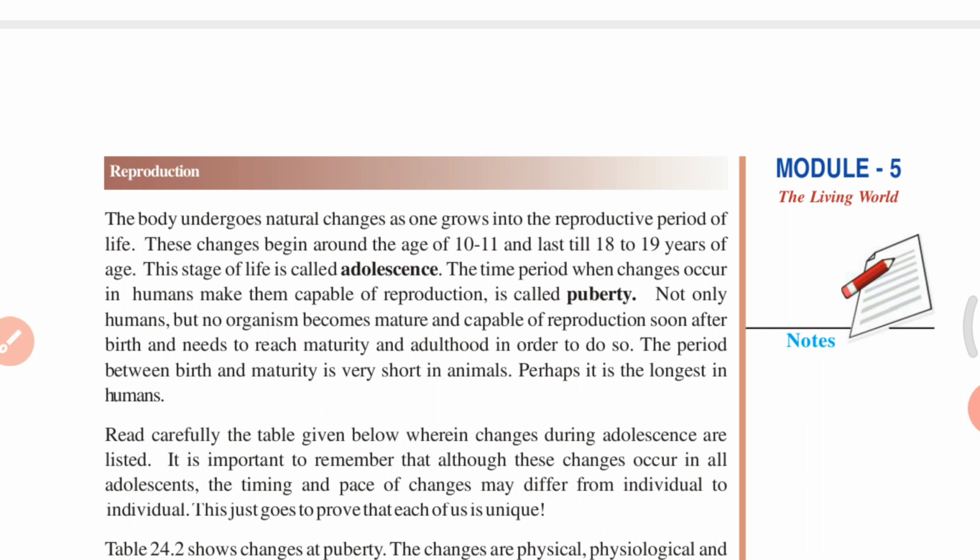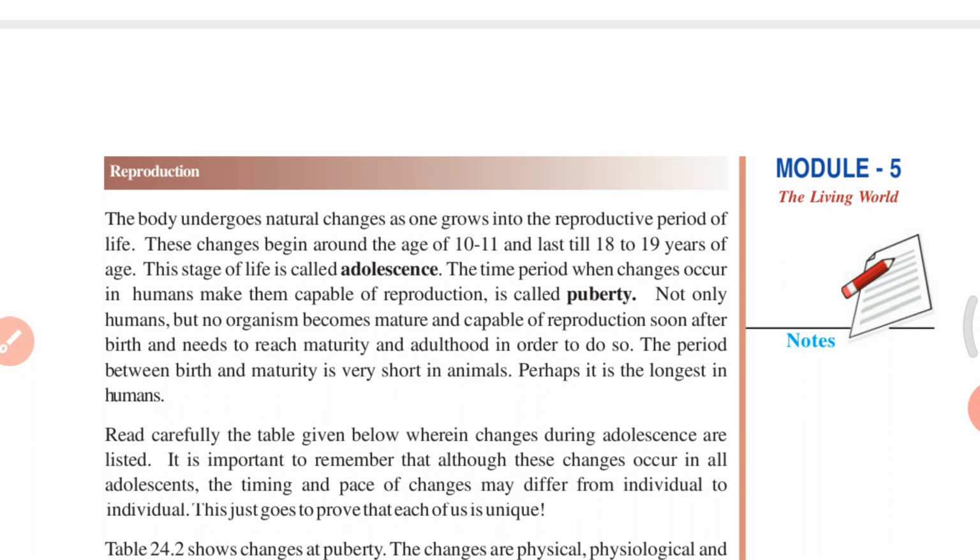All the sex organs in our body become developed during this stage. The time period when changes occur in humans that make them capable of reproduction is called puberty.